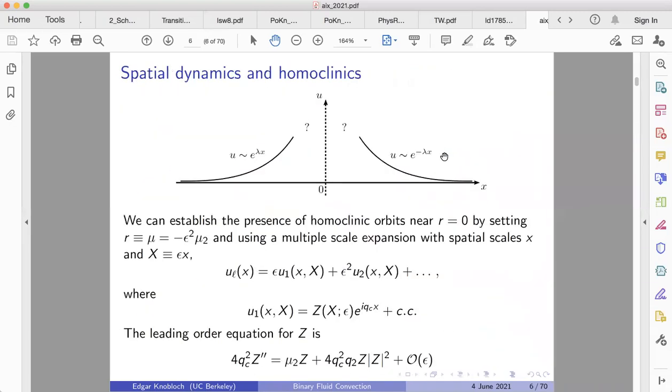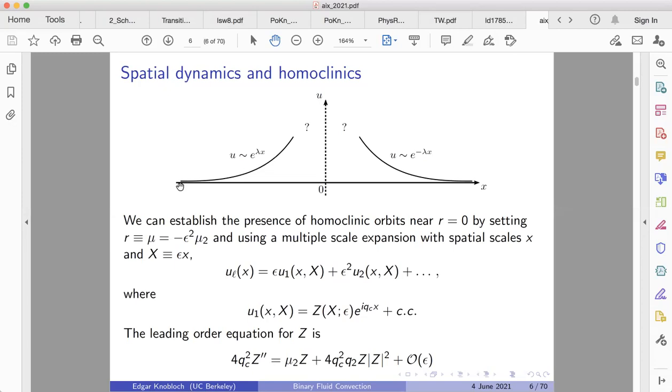This picture relies on the fact that the system is reversible in space. It has the symmetry x goes to minus x, and that means that whatever happens here, there's a corresponding image on the other side, and there is an axis of symmetry with a horizontal derivative.